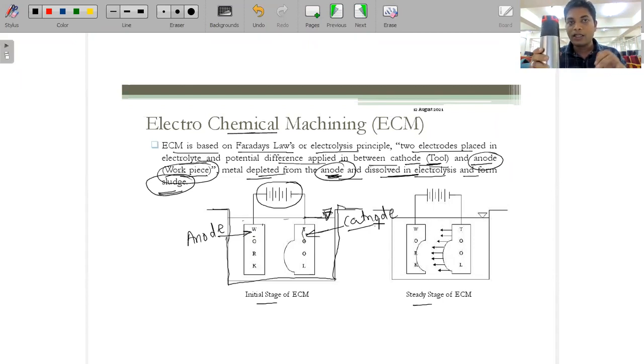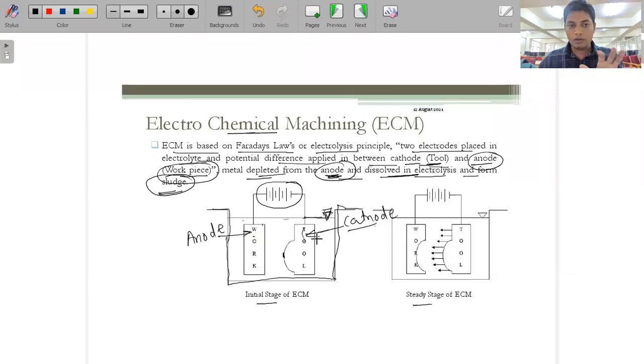It means we create the replica of the shape on the tool side. So please keep in mind, whatever shape you have to prepare on the workpiece side, make the tool just opposite to that, as its replica. So this is the tool we are taking.